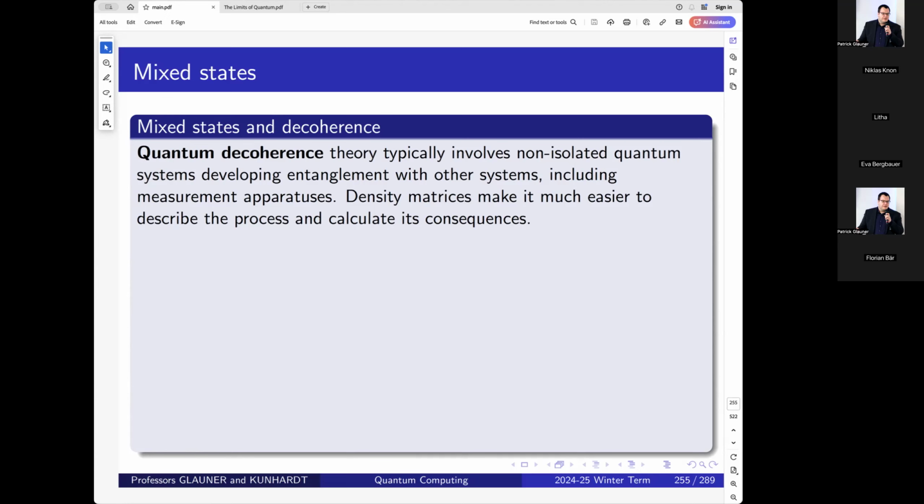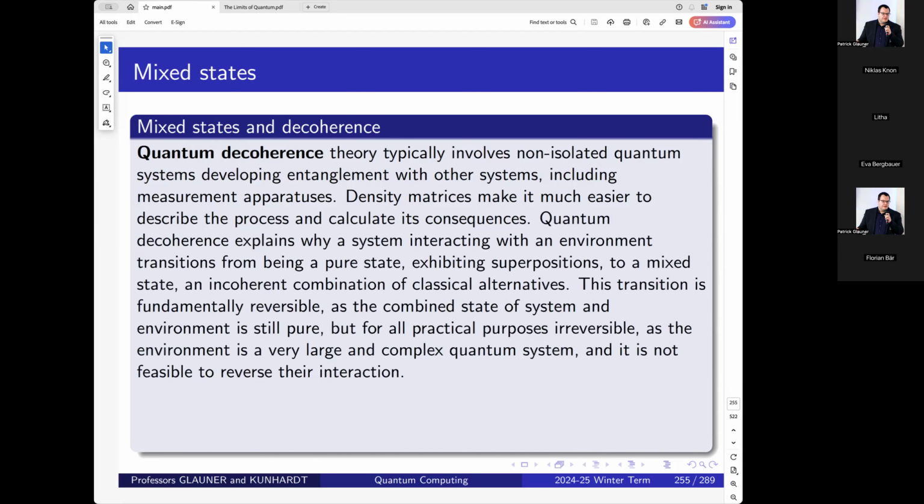And then your quantum system starts to decohere. And density matrices are one approach to describe that your quantum state starts to decohere and thus actually loses its pureness. You'll see a little bit more about decoherence in next week's lecture of Horst.